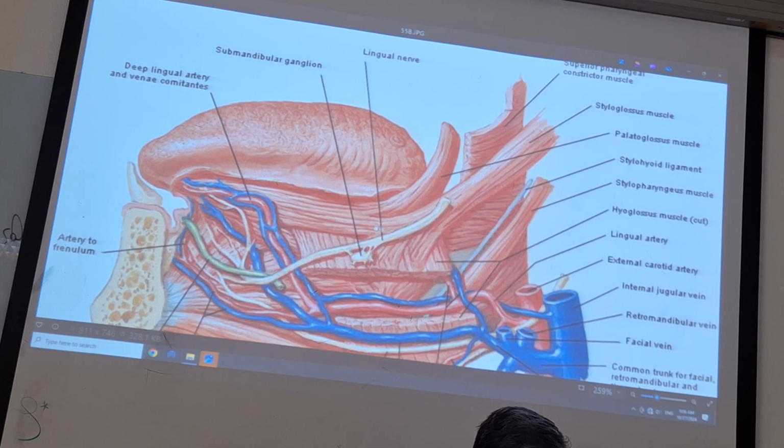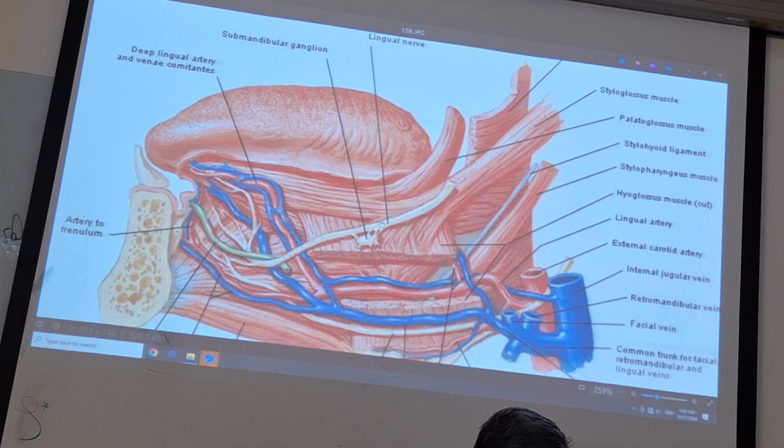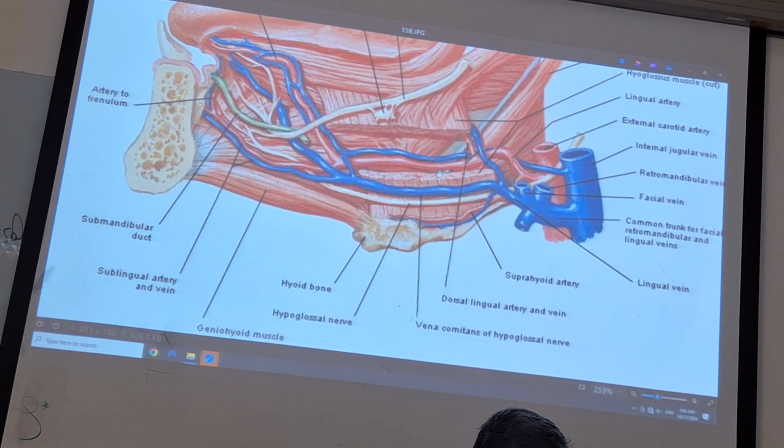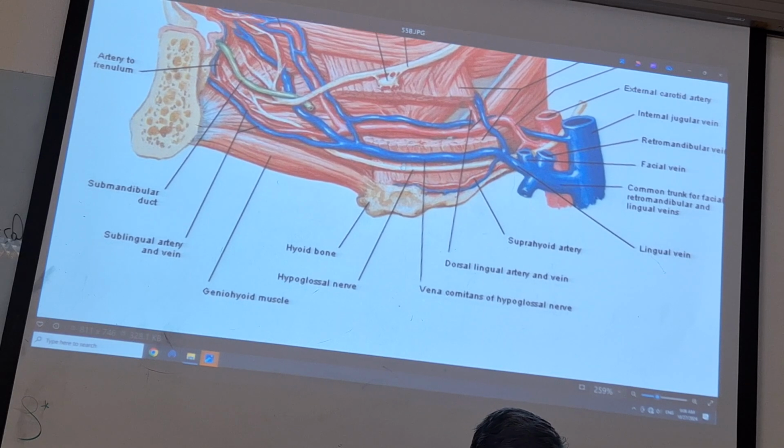Lingual nerve, submandibular ganglion, submandibular duct, and hypoglossal nerve, together with the vein, the venae comitantes of the hypoglossal nerve.